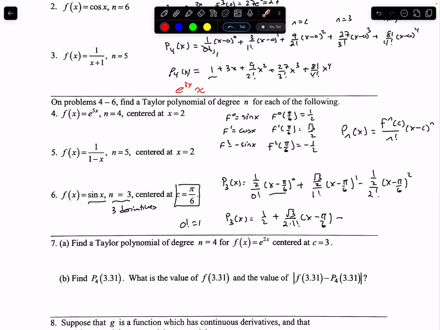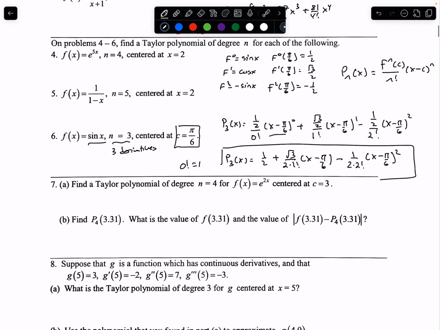Minus, same thing over here. This becomes 1 over 2 factorial. And that's going to give us 1 over 2 times 2 factorial, x minus pi over 6 squared. And there would be our third degree Taylor polynomial.